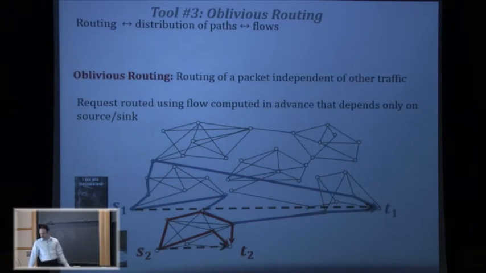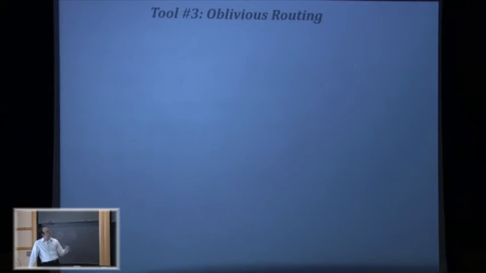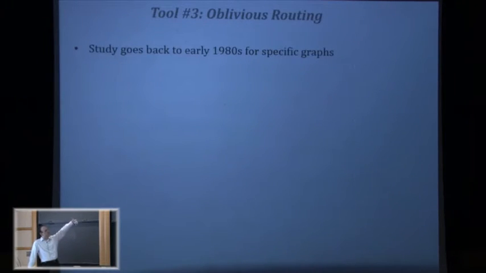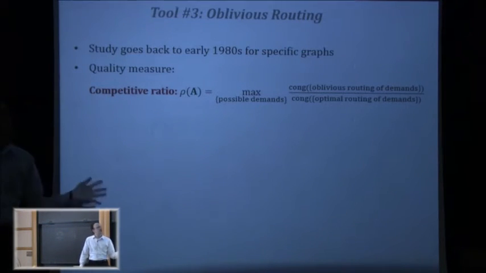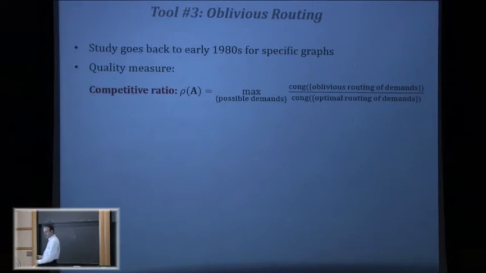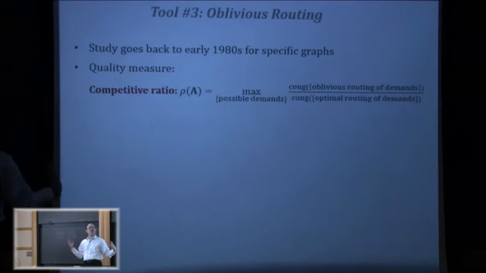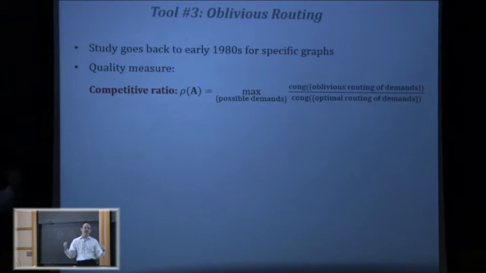So that's the setup, and it has kind of a long history. It goes back to the early 80s for specific graphs. The standard measure you use here is called the competitive ratio. There are two ways to route traffic. Way one is to solve this optimization problem for your actual explicit demands and find the single best way to route stuff between all of your pairs.